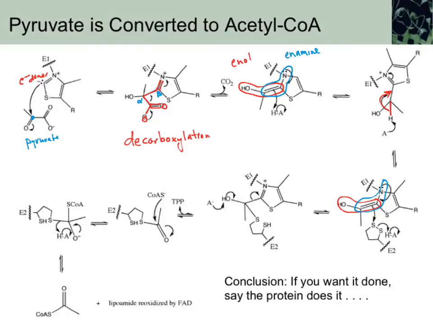This can be helpful because we can now generate a nucleophile in our acetyl group, or the equivalent of our acetyl group, that can then be picked up by our lipoic acid. That then can help shuttle it to eventually kicking the thiamine back out on its own, which they're showing as TPP. We now have our acetyl group connected to our lipoic acid.